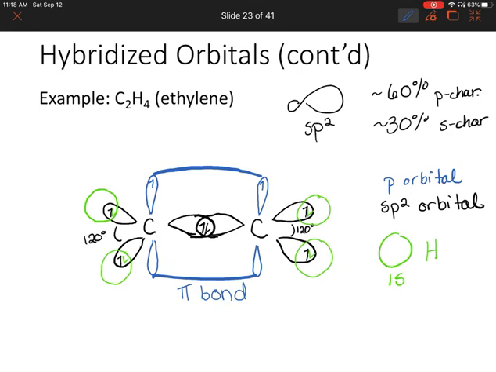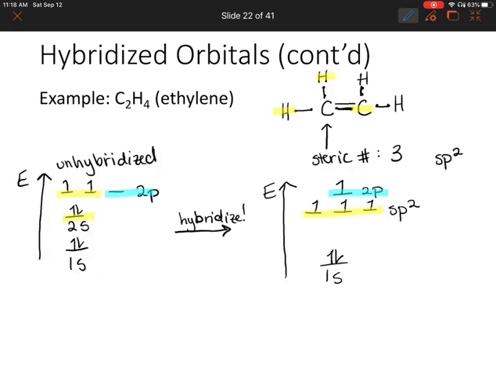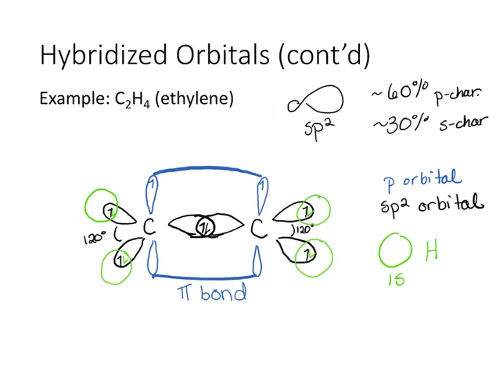Now, this kind of makes it look like we have a triple bond, but we don't. It's still just a double bond. So if we look back at our Lewis structure, this is our p orbital overlap. So that second bond is the pi bond. Okay.